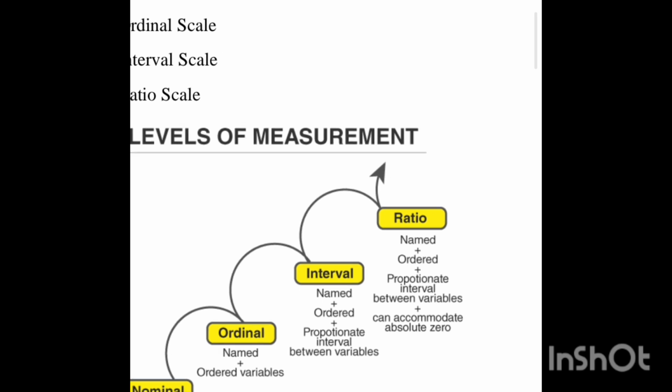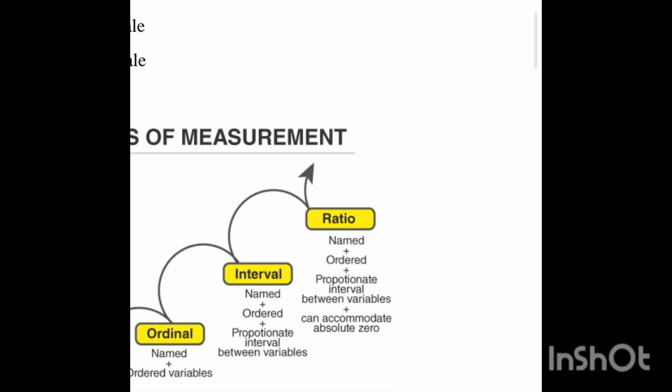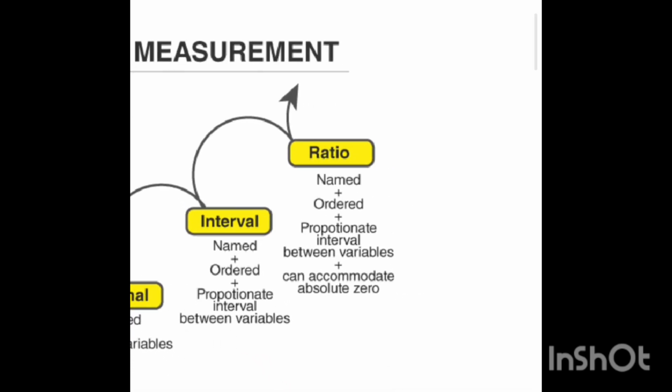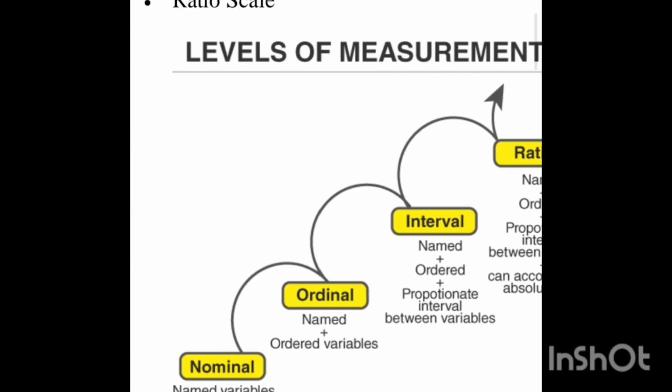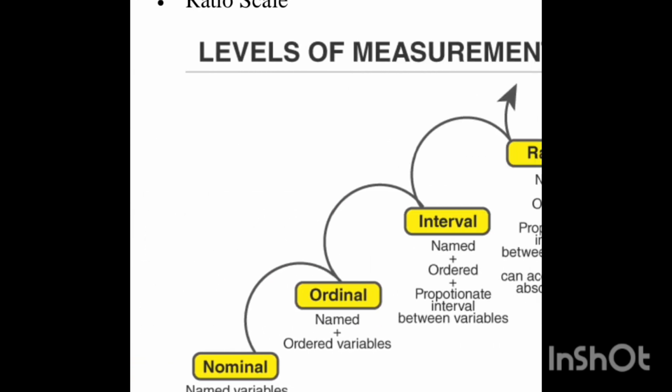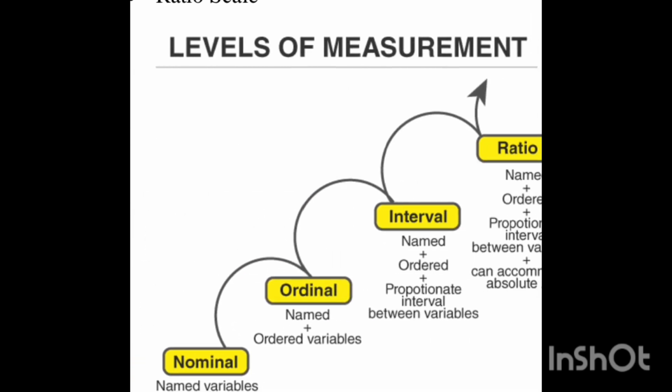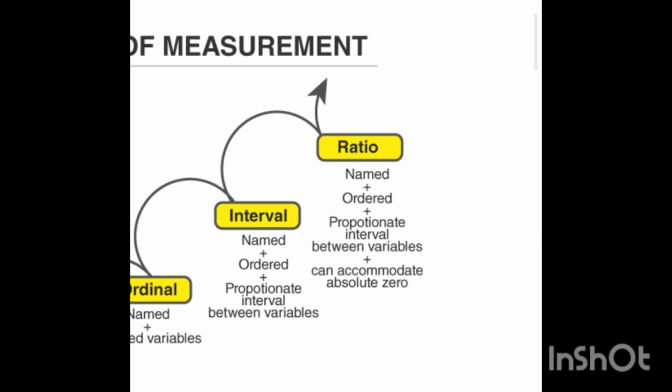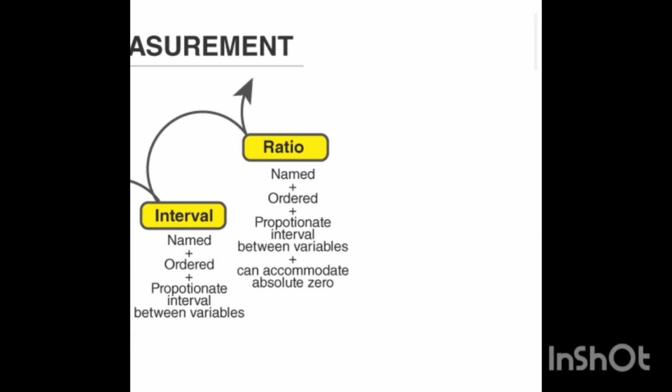Let's see the definitions of nominal with some examples. Nominal scale data. A nominal scale data is the first level of measurement of scale in which the numbers serve as tags or labels to classify or identify the objects.